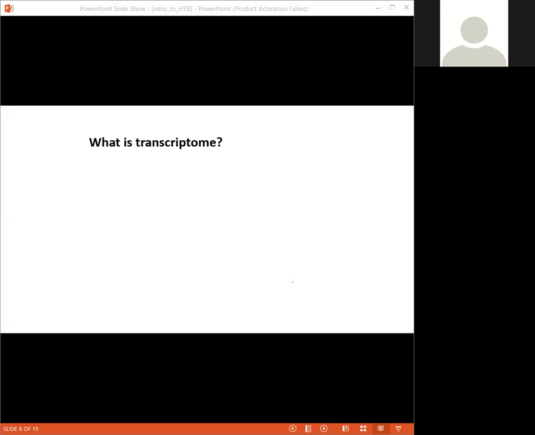So transcriptome is as a whole the total RNA, I mean RNA of different proteins. Total RNA derived from different genes. So it's as a whole the study and analysis of different RNAs. See, you are saying different things.